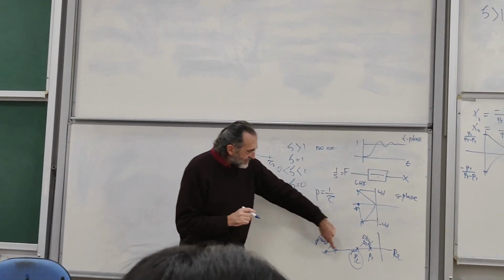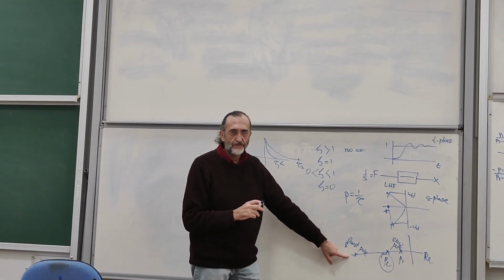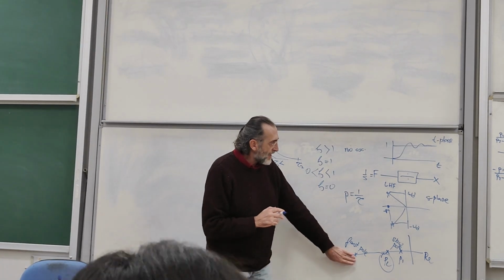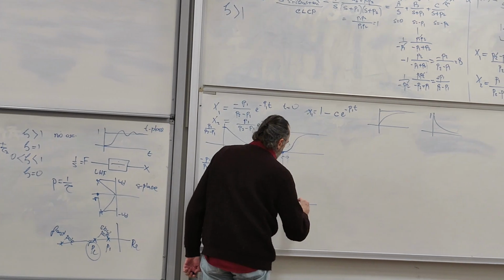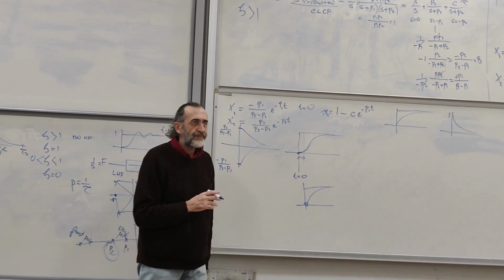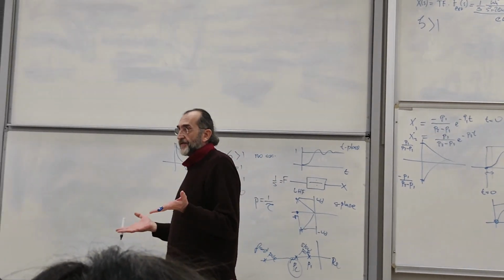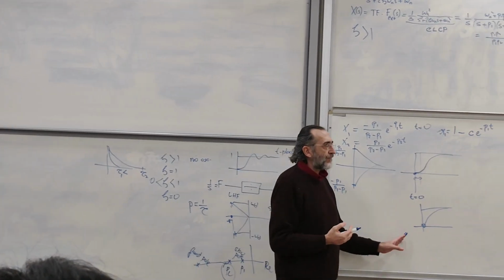The more distant the pole from the origin, the faster the dynamics. So the dynamics are going to disappear very soon, and I'm going to see almost something like that. Almost imperceptible. But the bottom line is that the system has no oscillations.